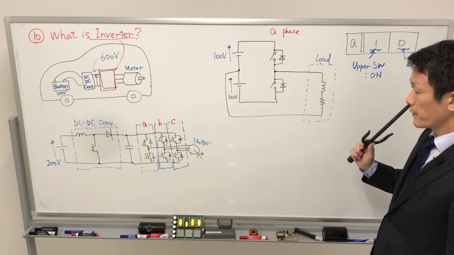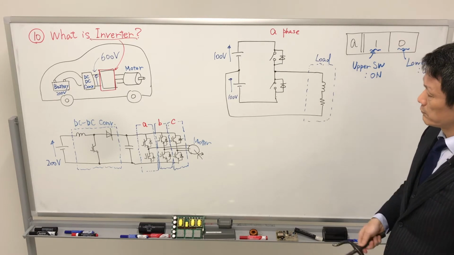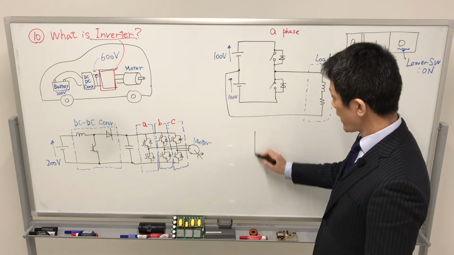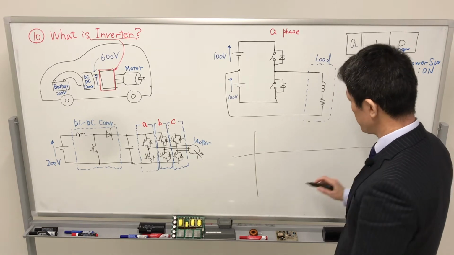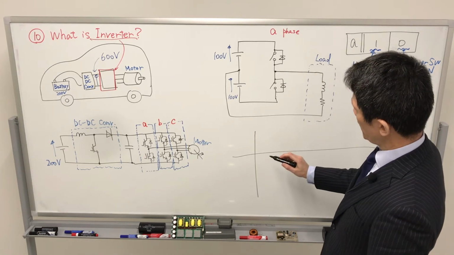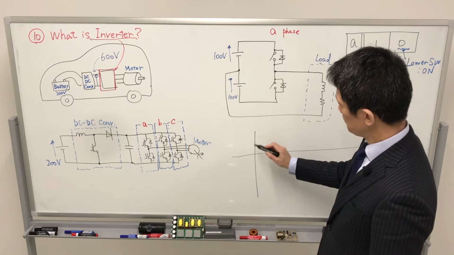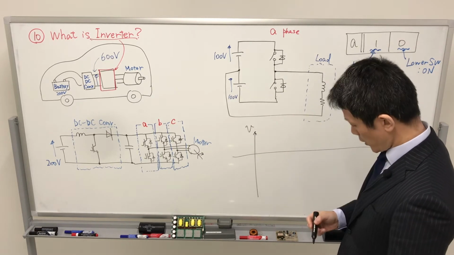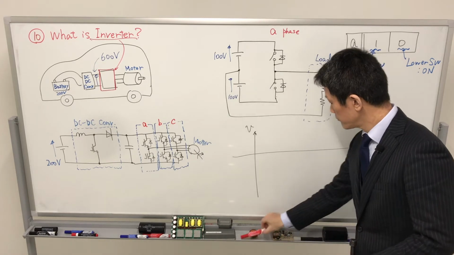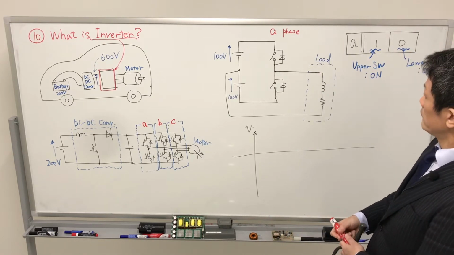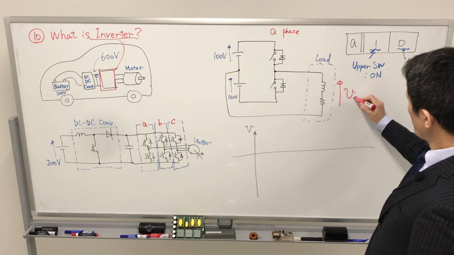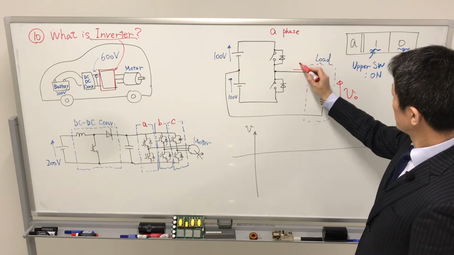How to obtain the AC current? Let's analyze this inverter. V out, I out.